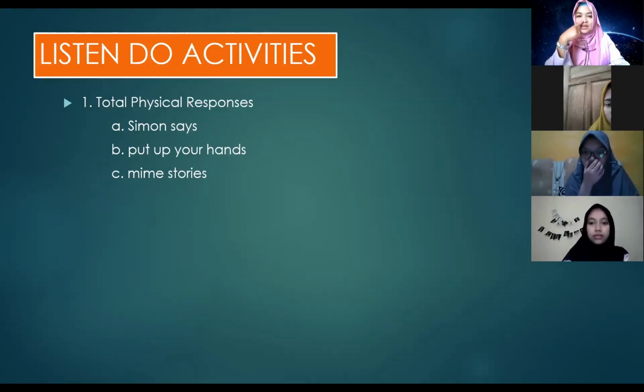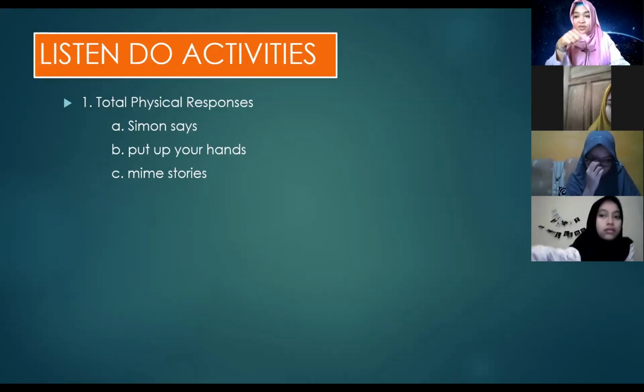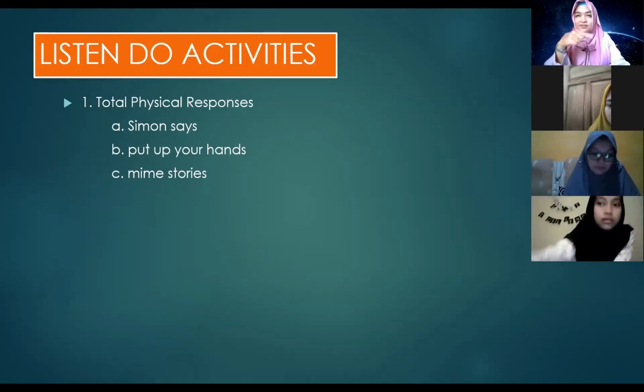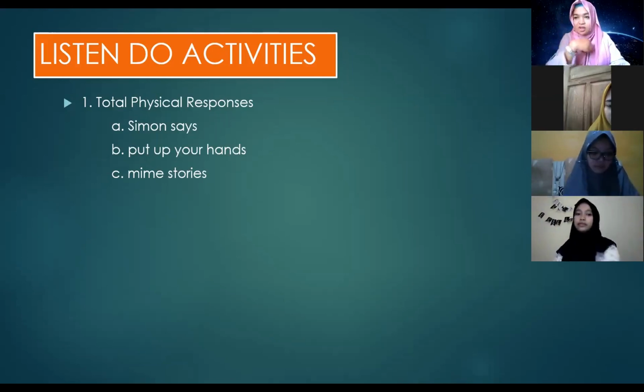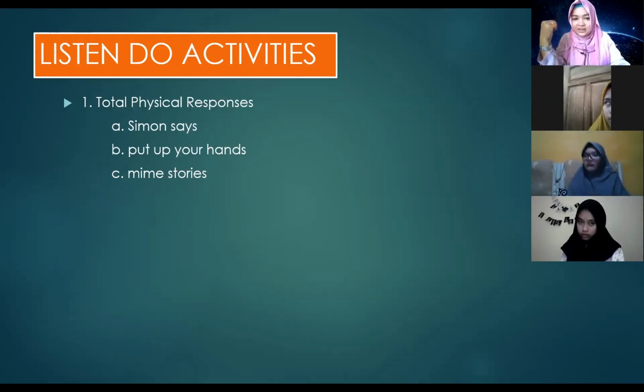Of course, before you play this game, you have to introduce them to parts of the body using flashcards, pictures, or your own body as an example. For example, this is nose, this is eyes, this is mouth, this is cheek.